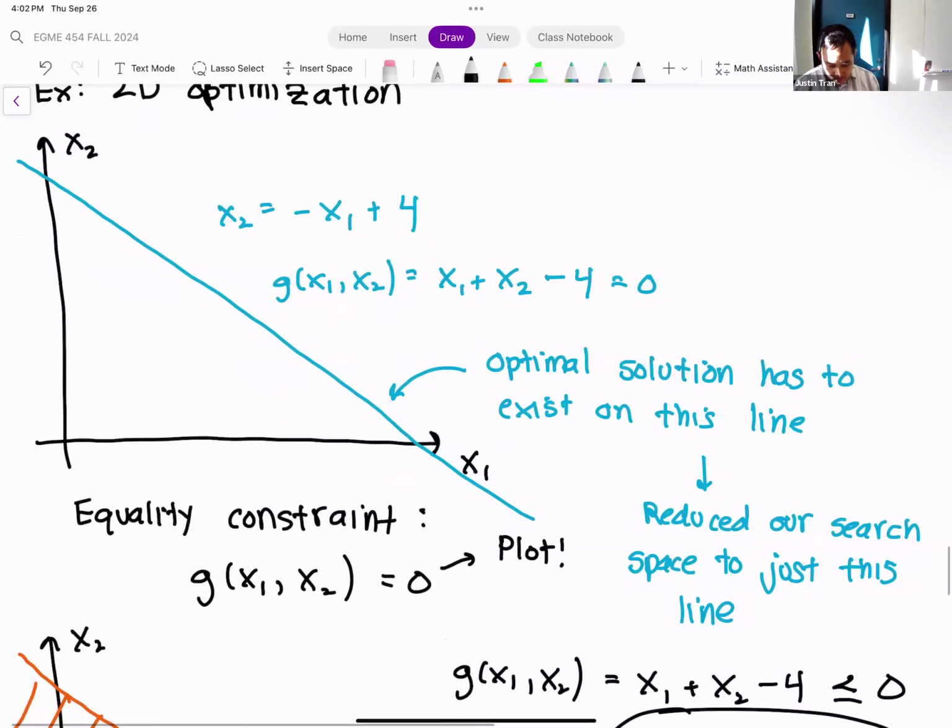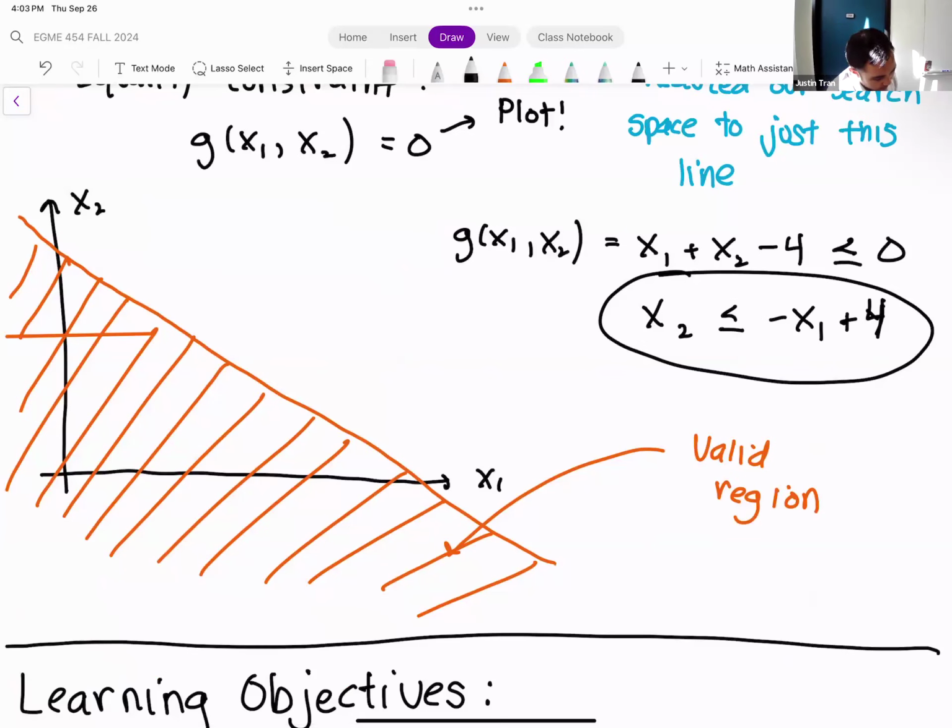On the other hand, inequality constraints instead define a region where the optimal solution can exist. While it is restricting, instead of being available to the entire design space, it's not restricting enough to make a difference in how we find the solution.